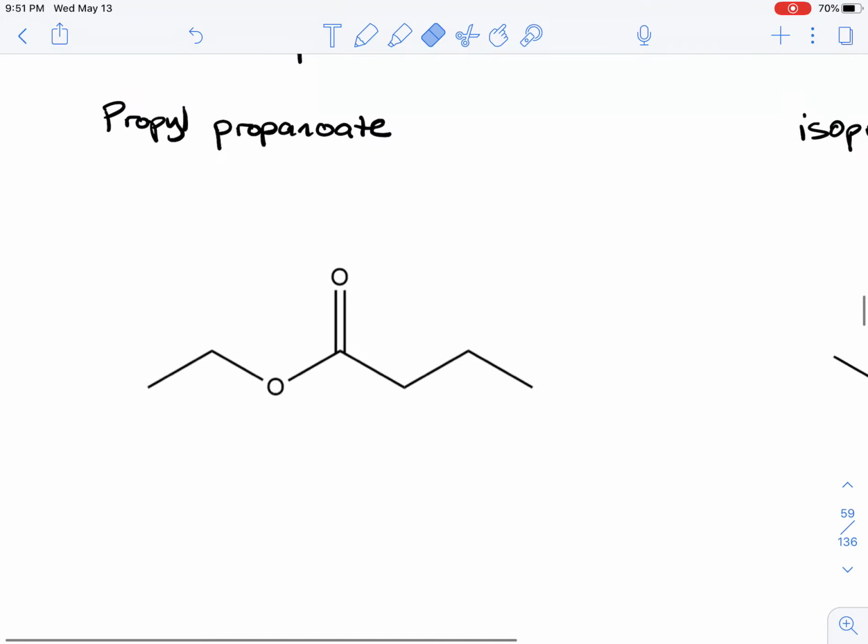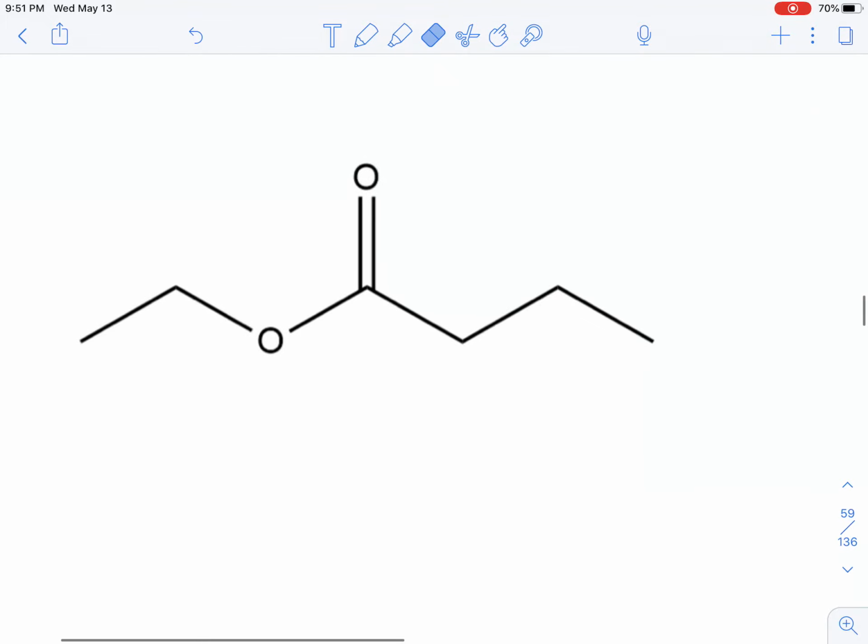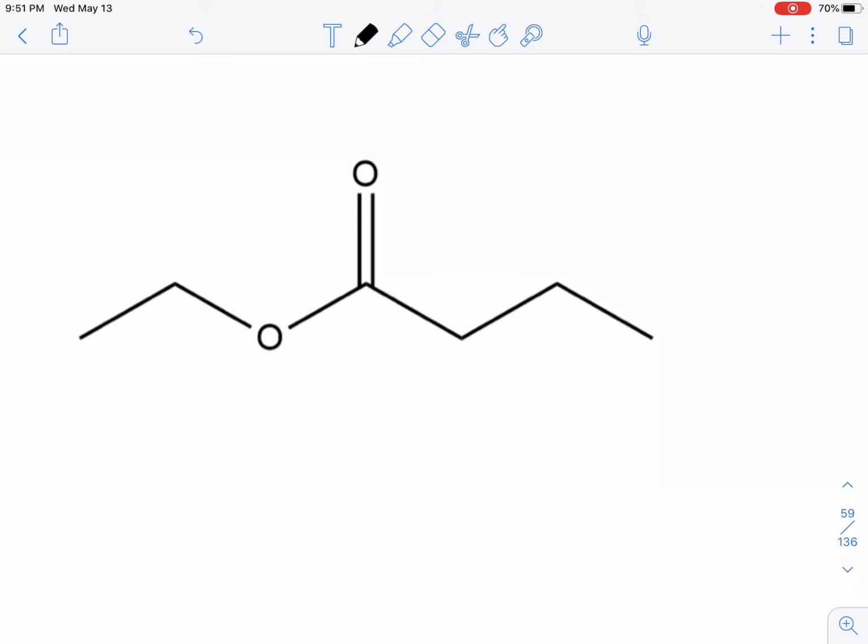All right, so let's go ahead and take a look at this example. This one's a little tricky. The reason why it's tricky is because the compound is flipped. So notice that this is my carbonyl group, but instead of the ester oxygen being on the right, this ester oxygen is now on the left.